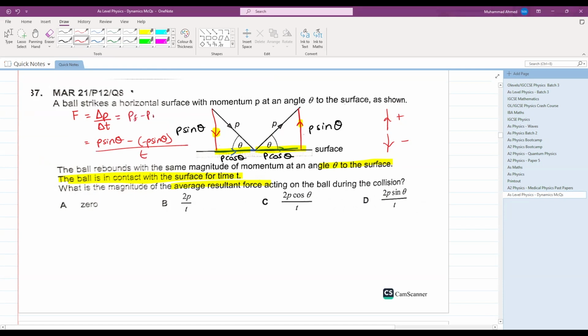Final momentum minus initial momentum over time. I have placed the final momentum as P sin theta here. The initial momentum is acting downward, negative P sin theta. Negative, negative, positive. This comes out to be 2P sin theta over t as your answer. Any options like that? D is your answer. Simple as that, nothing complicated here.